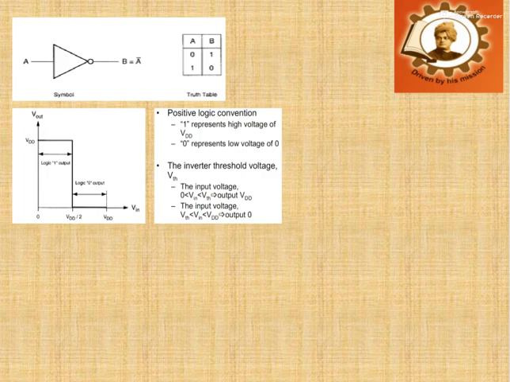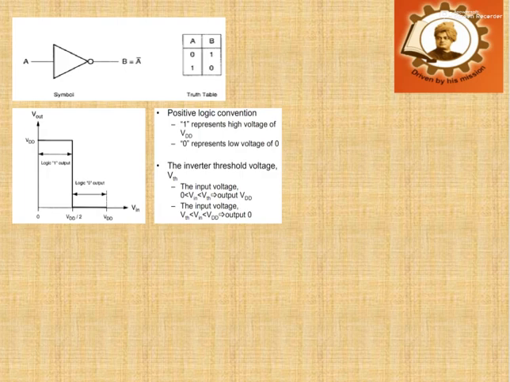So the performance of a gate is determined by the following characteristics. The first is the range of voltage corresponding to logic level 0 and 1, and the second is the range of input voltage for which the output is undefined. Third one is switching speed. Fourth one is static and dynamic power dissipation.